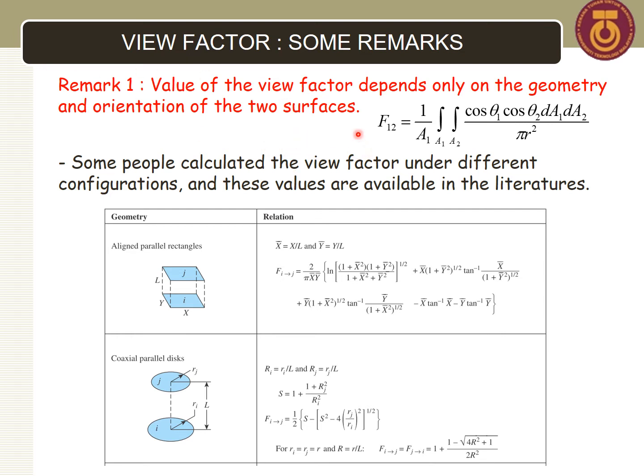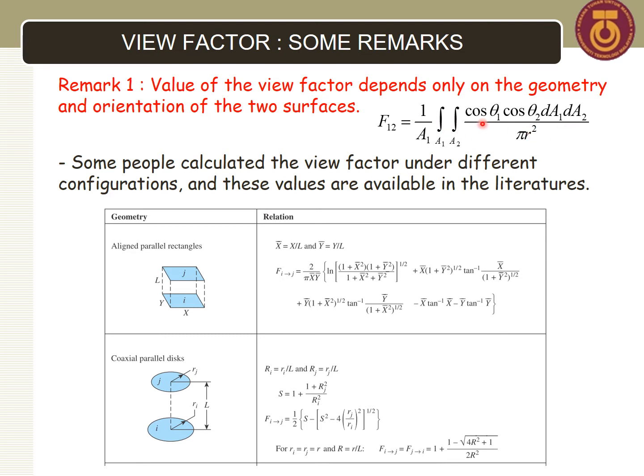And as you can see here, this is the original formula for someone who is interested in calculating the value of the view factor. In order to get F12, someone needs to solve this double integral equation.